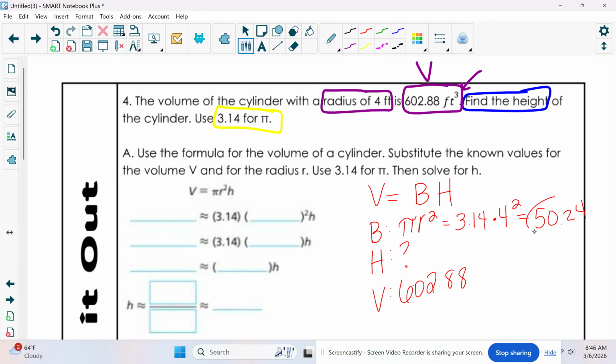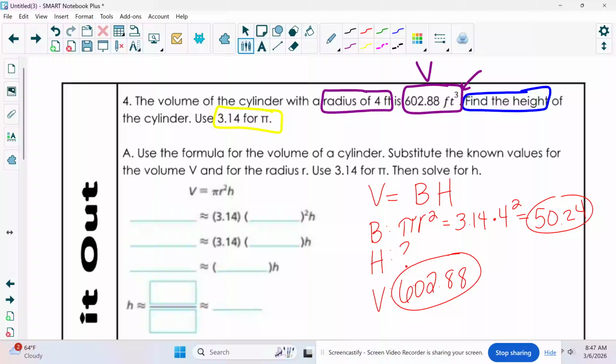Okay, so we have 2 out of the 3 numbers, so we can do something with that. Yes, ma'am. Yeah, that's what we're going to do, so we're going to plug this into our formula with what we know.